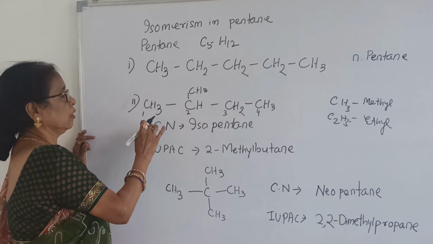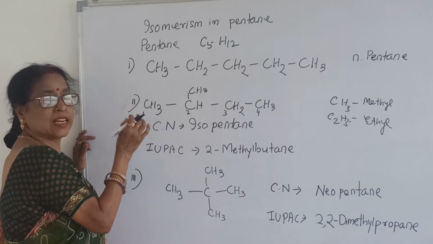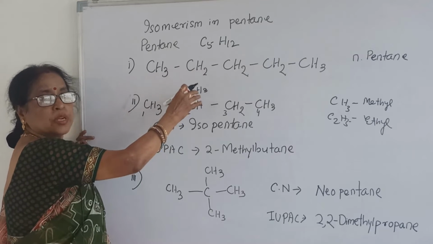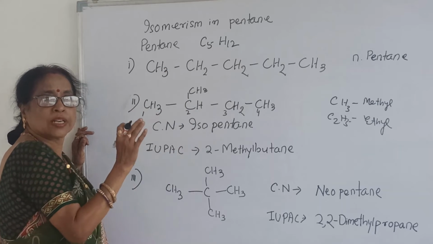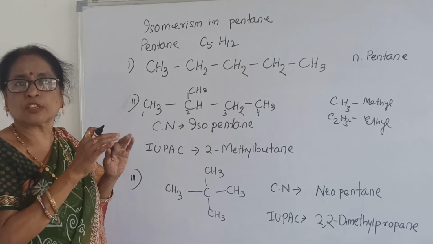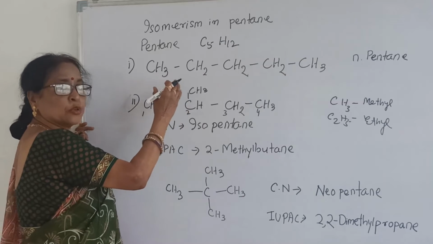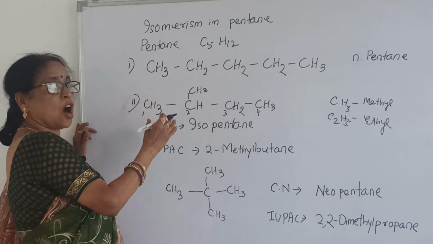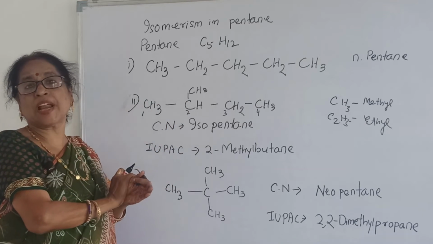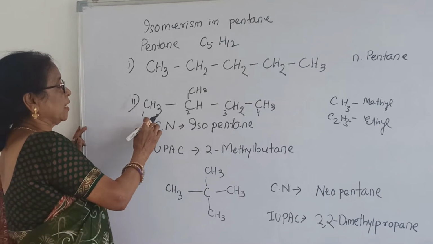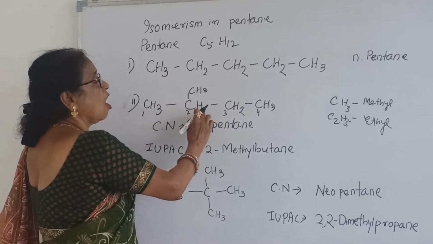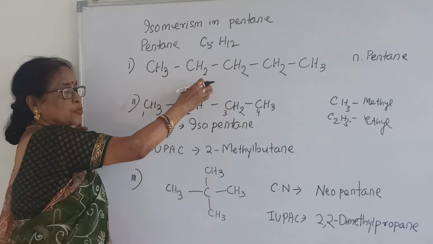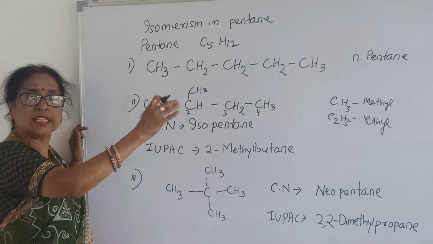Why? Because the rule is there: this is called the substituent group. Whatever is attached above or below is called the substituent group. If a substituent group is there, when you count, which side is nearer to the end? Here see, this is nearer to the end or this is nearer to the end.